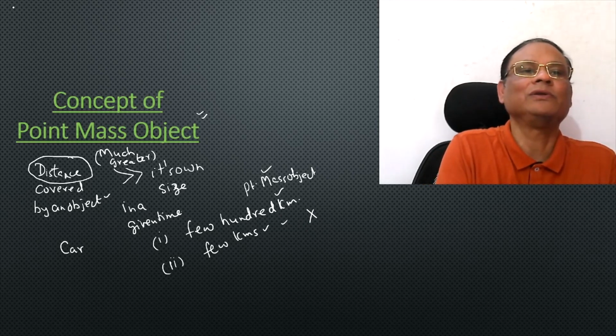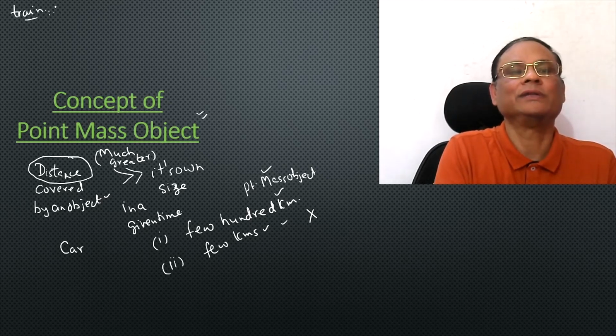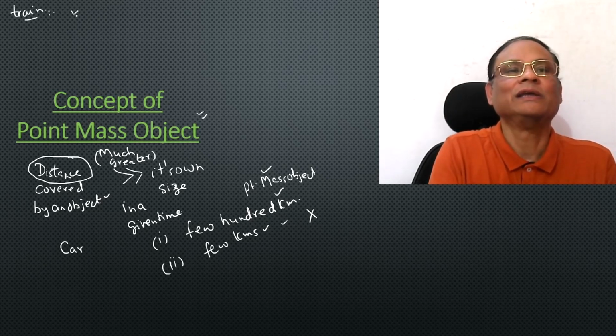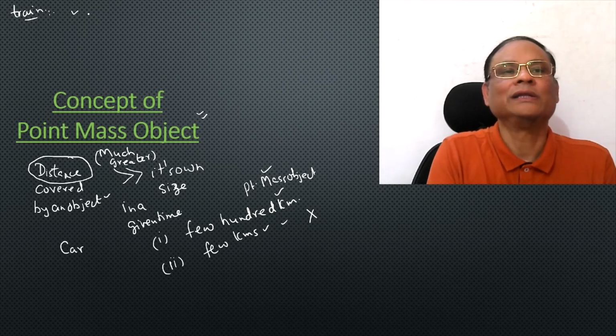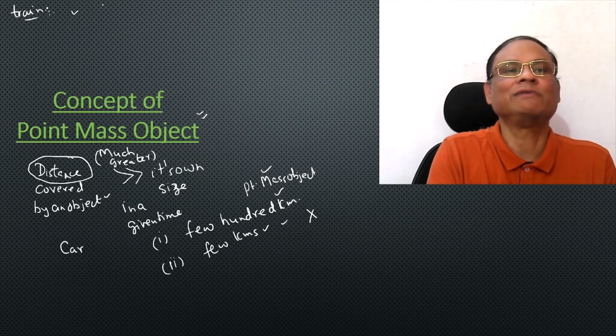Second example I am taking is the train. The train case is also the same. If this train is traveling a distance of a few thousand kilometers, then this train will be considered as a point mass object. The same train, if it is traveling only a few kilometers, then it will not be considered as a point mass object.